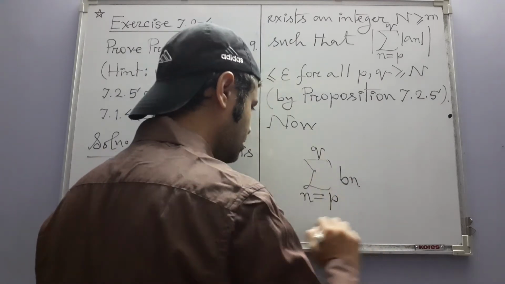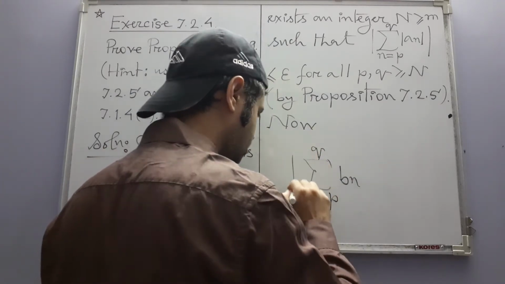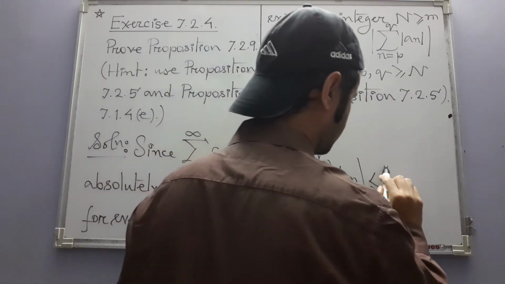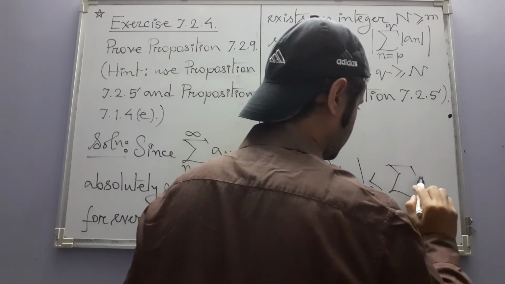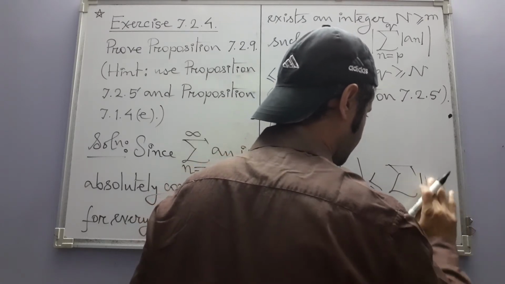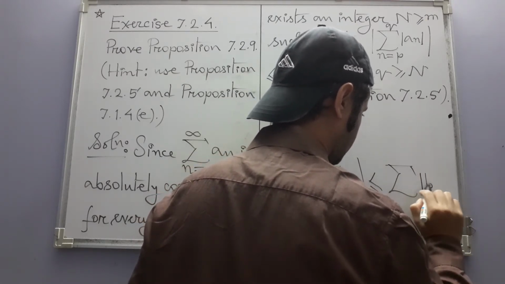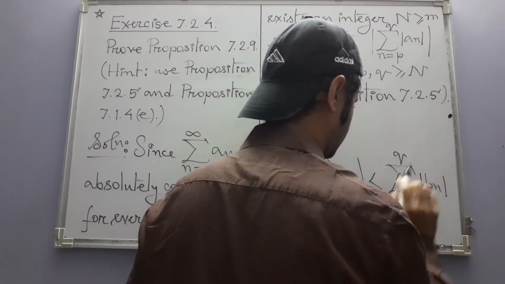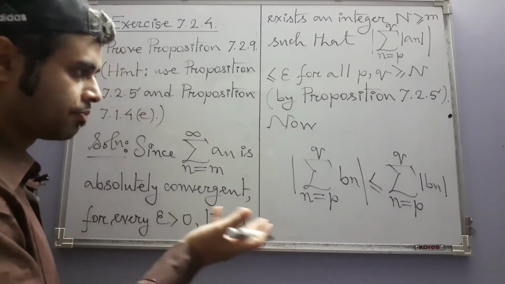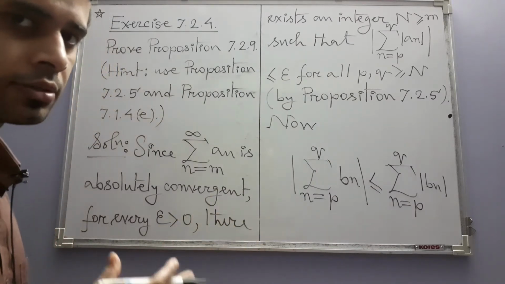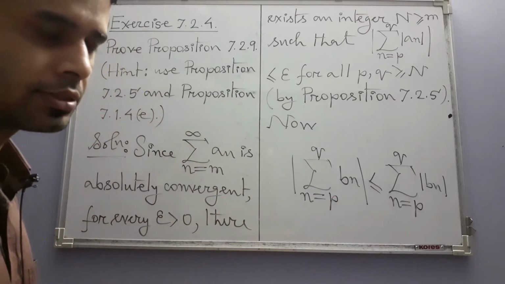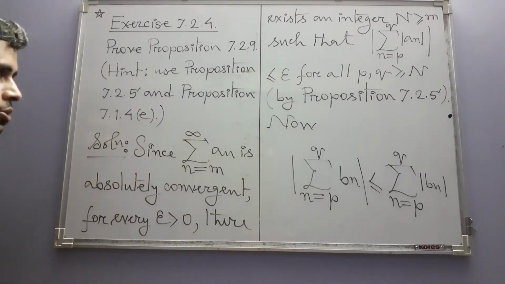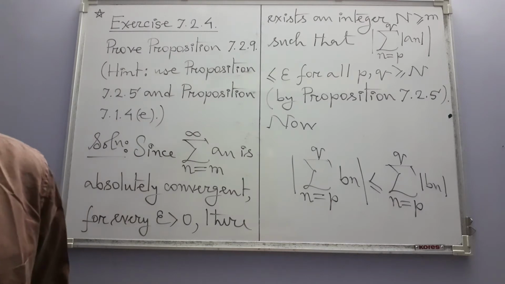Then this sum satisfies this inequality. This property is named the triangle inequality of finite series, which is just part E of proposition 714. So now we are going to use that here.